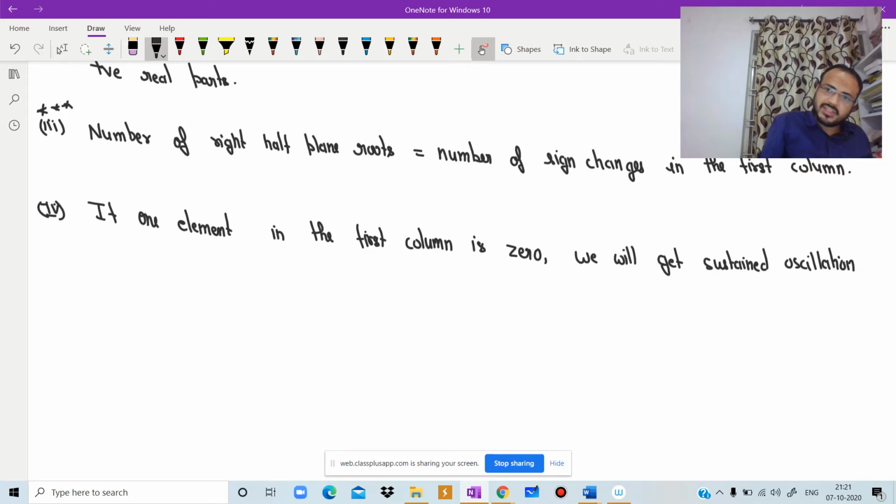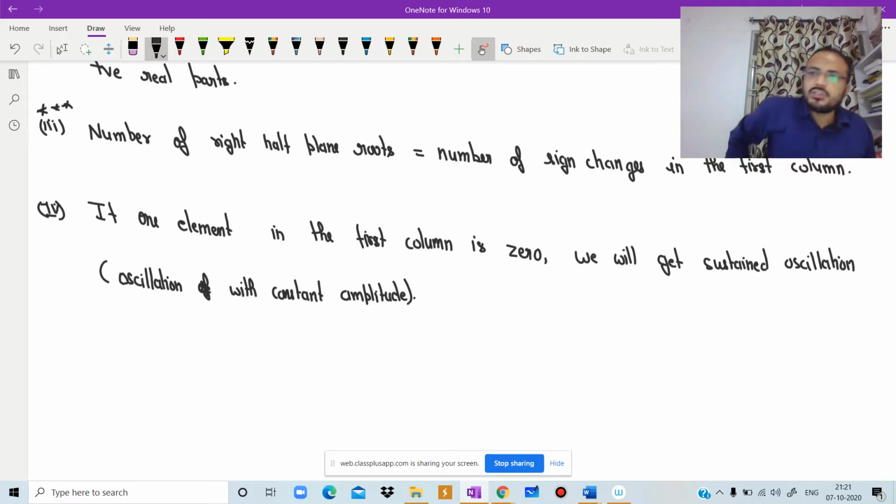Sustained oscillation means oscillation with constant amplitude. Is it clear up to this point?